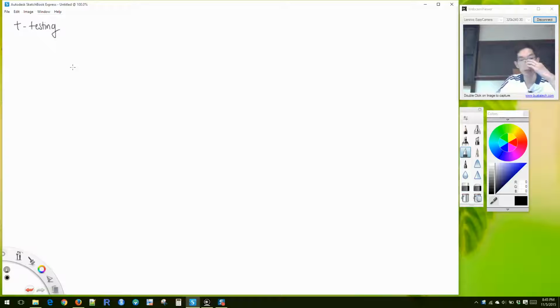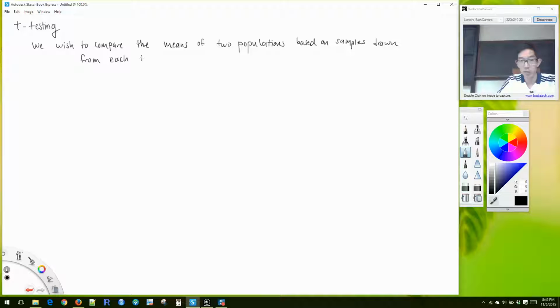All right, and so the way t-testing works is we wish to compare the means of two populations based on samples drawn from each population. Okay. We have a pair of hypotheses.